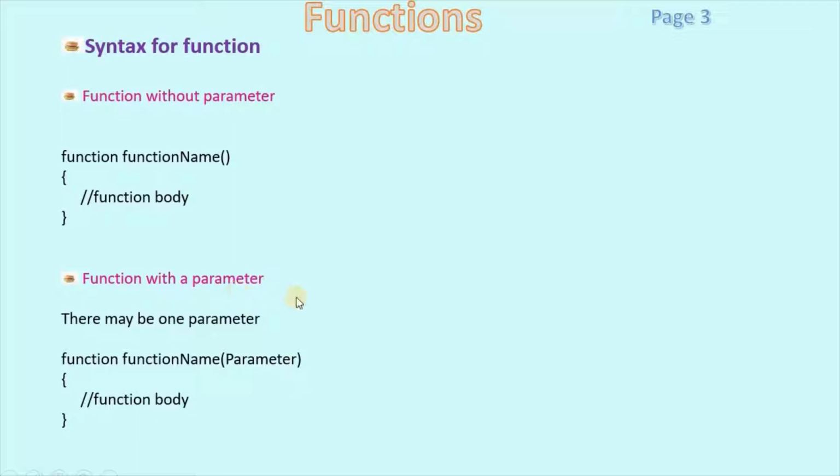Function with a parameter. There may be one parameter in the parentheses. So the syntax is function name, then the parameter in the parentheses, then curly braces and function body.